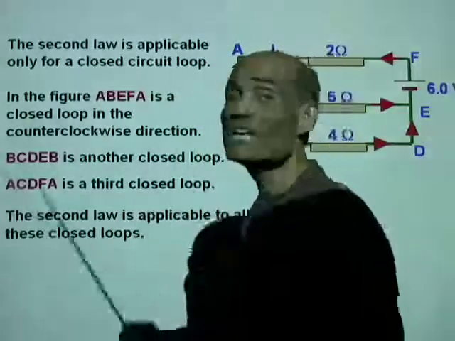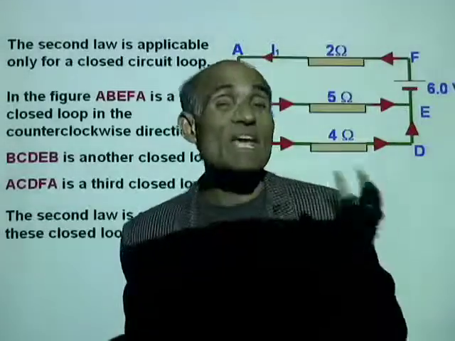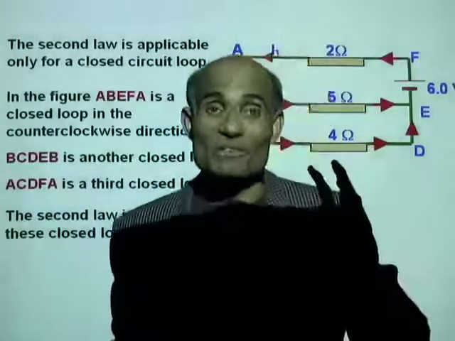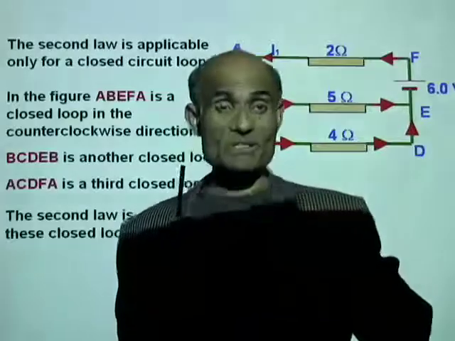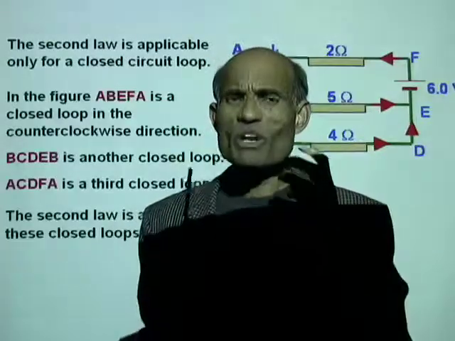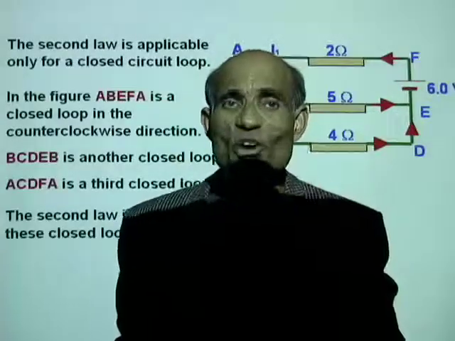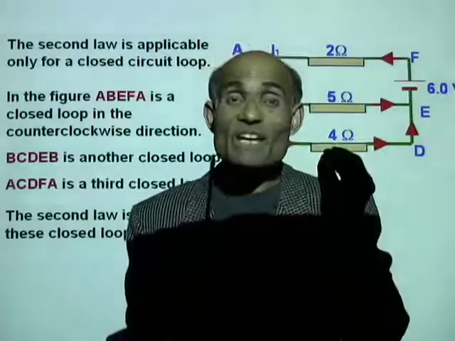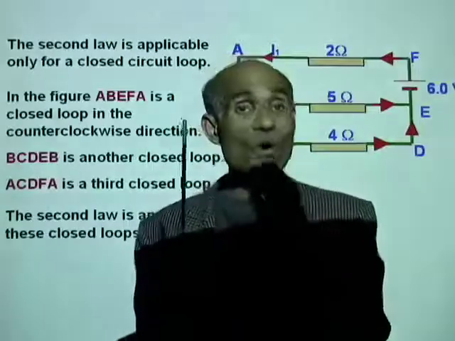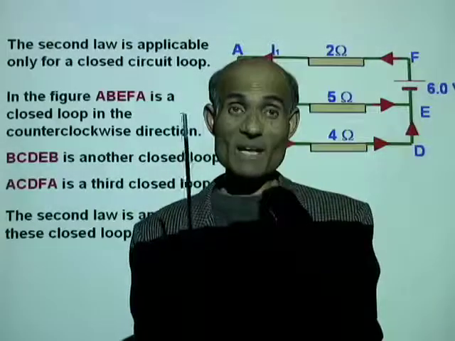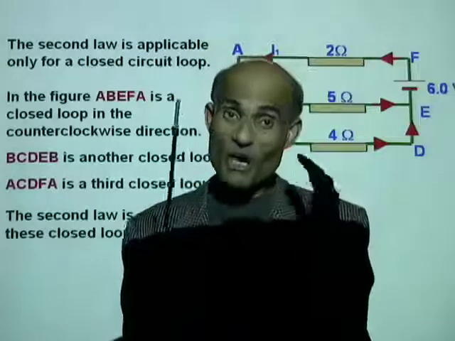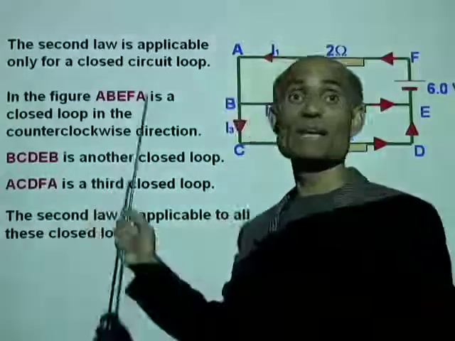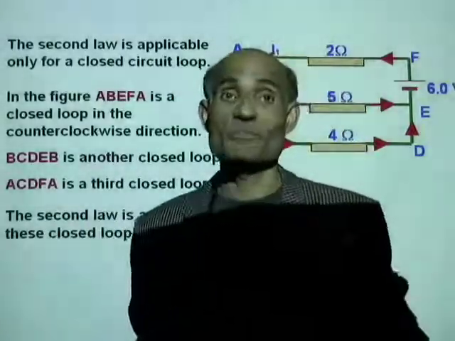We are only using resistors in here. We are not using capacitors. But if you use a capacitor, can you tell me what is the potential drop across a capacitor? V equal to Q over C. Have you forgotten that? Fortunately, we are not going to use a capacitor in these circuits for this class.